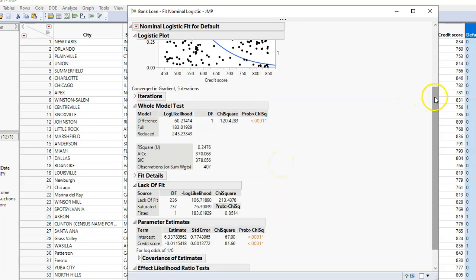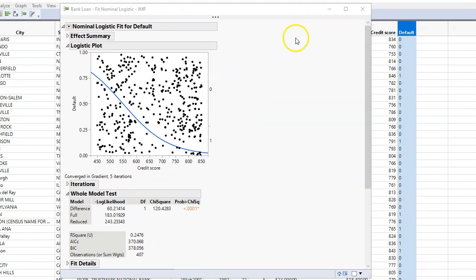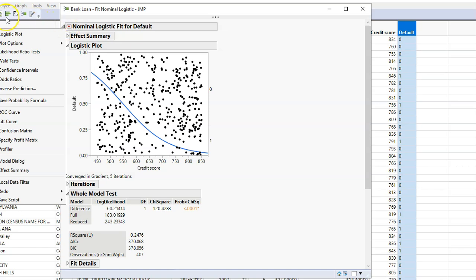So this model is significant, and we can see that those that have higher credit score have lower probability of default. Let's see if we can find some of those prediction formulas here. So click on the red triangle.